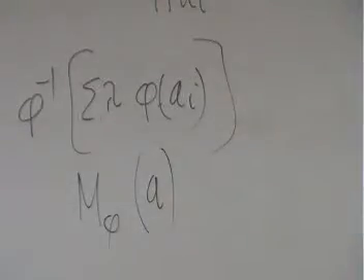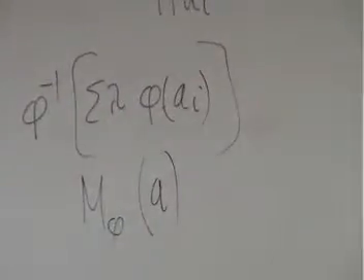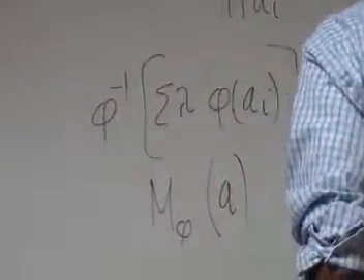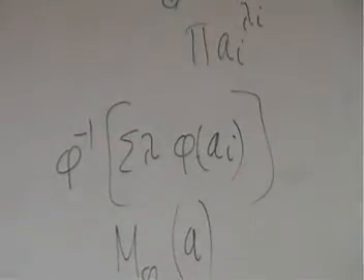So how do I define it now? Suppose I have a monotone increasing function phi. Then m phi of A is simply phi inverse of the summation of lambda i phi ai. Now if you look at the right hand side, take psi t to be the identity function.